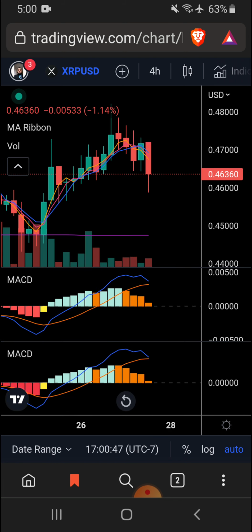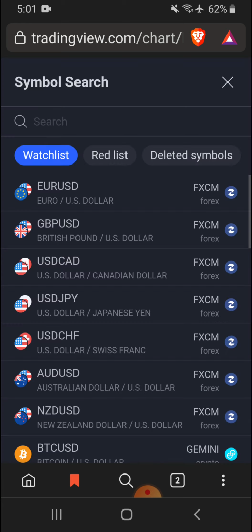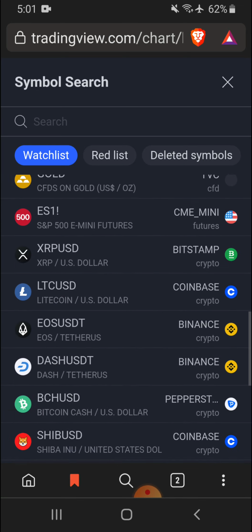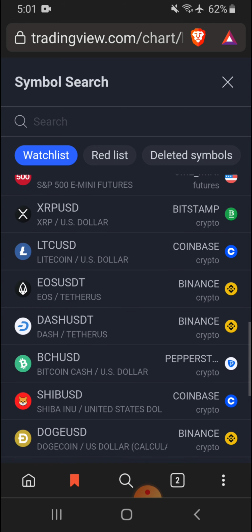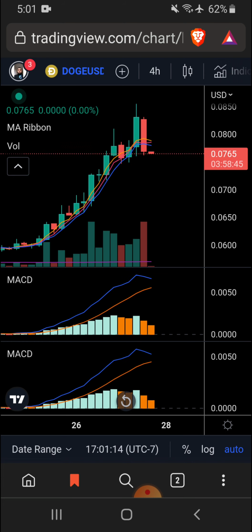Let's see, we have XRP. Looks like that MACD is crossing down at this point, so it doesn't look like it's going to be crossing up. The histogram and the lines won't be moving closer anyway. No bullish signals right now. What else is there? Shib, Doge. Quite the high sell volume on that.